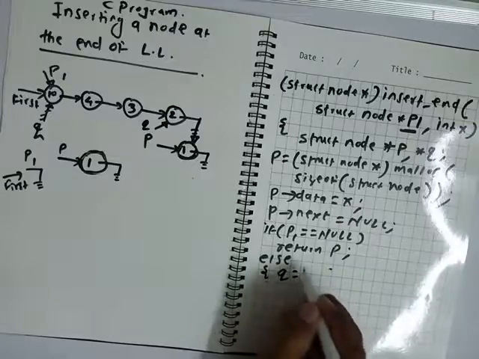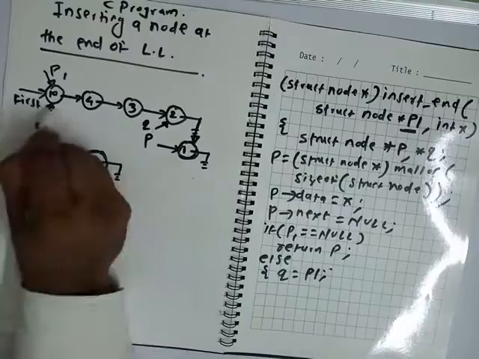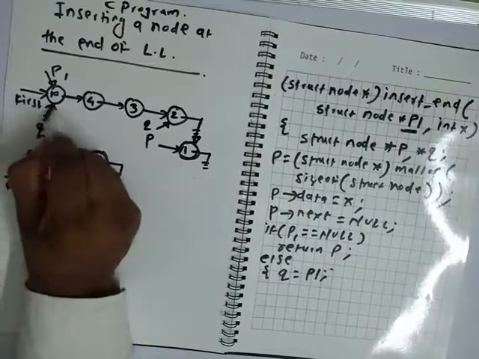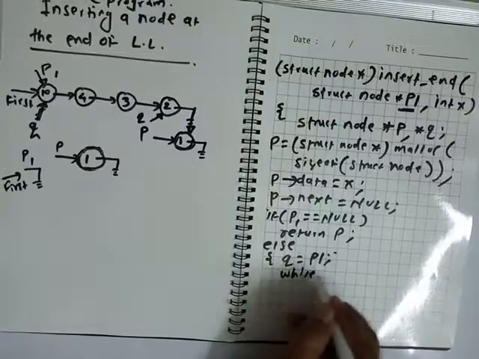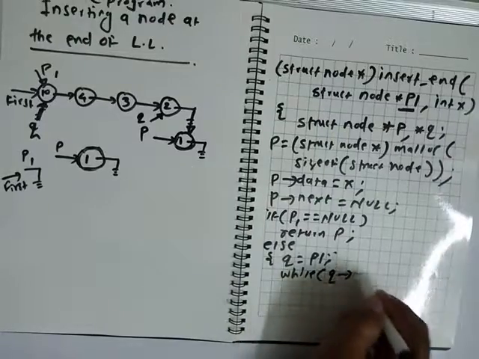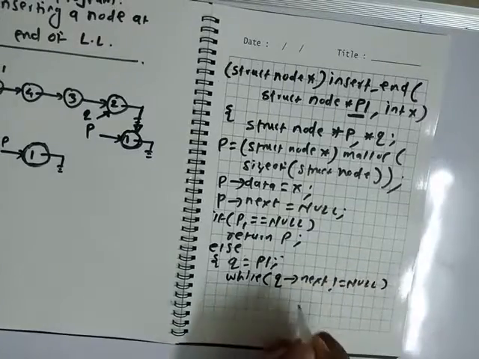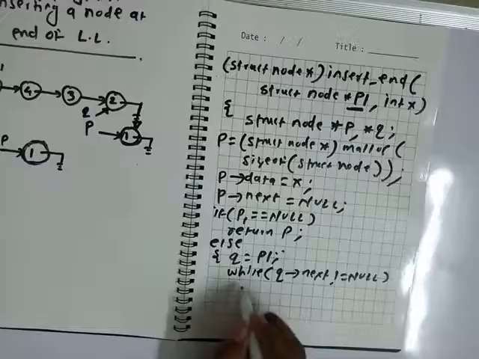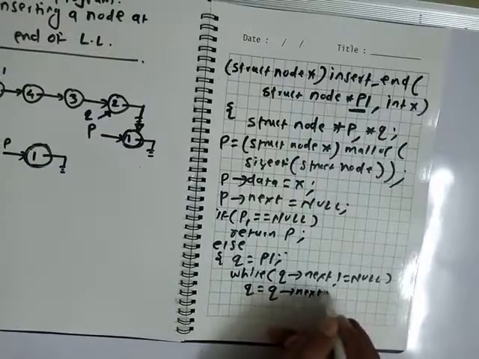So q is equal to p1. So my q is initialized here, right? And then while q arrow next is not equal to null, I say q equal to q arrow next, right?